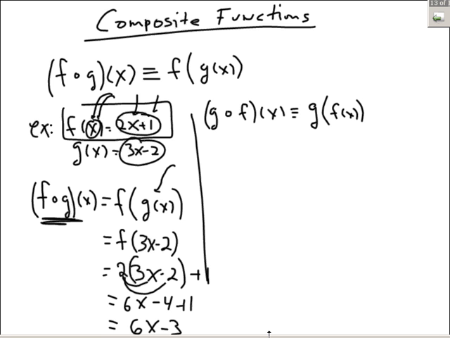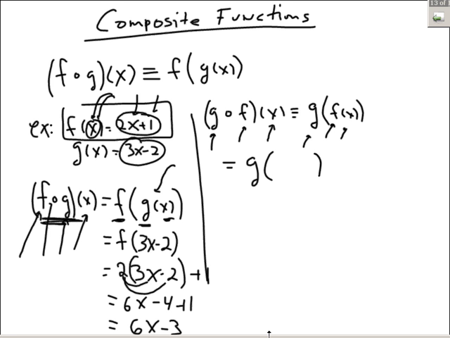Notice the order of the letters never changes: g, f, and then x. So this is g of f of x, and f of x is still 2x plus 1. Same two functions as before.